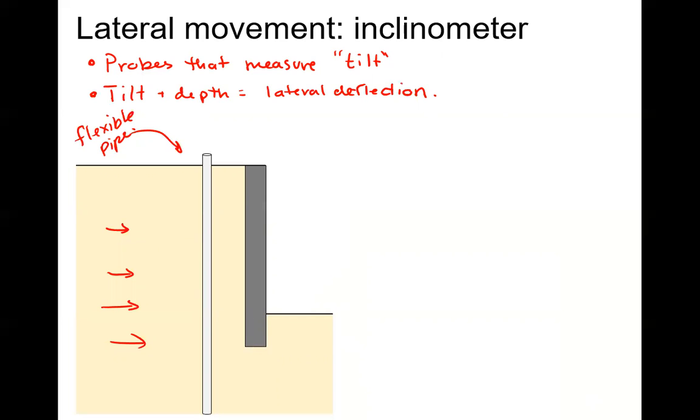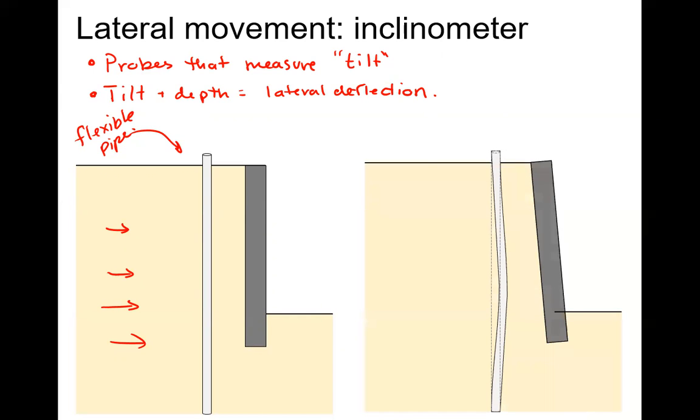And over time, if our worst nightmares come true and we do see lateral deflection in a certain area, then what we would expect is this pipe would actually move with the soil, right? So we would see the PVC pipe bending with soil depth. We usually anchor these in some bedrock layer or something where the bottom is not going to move.